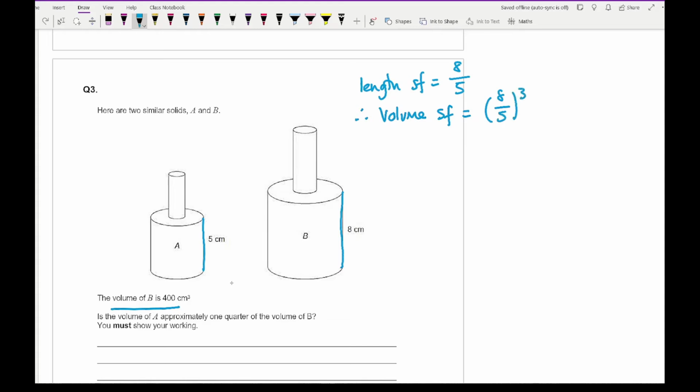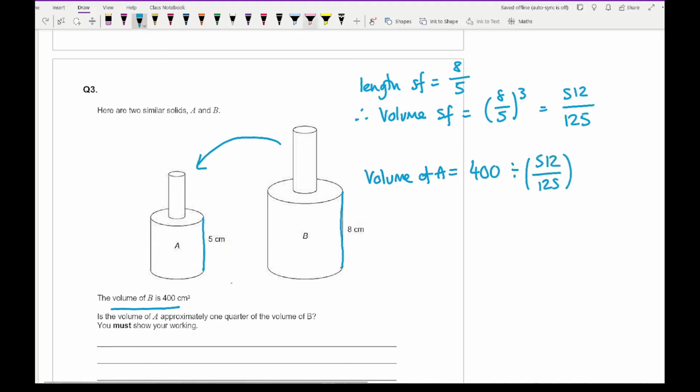So, and that equals 512 over 125. So then to work out the volume of A, I'm going to do 400, and because I'm going from big to small, I'm going to be dividing by the volume scale factor, so it's going to be divided by 512 over 125.